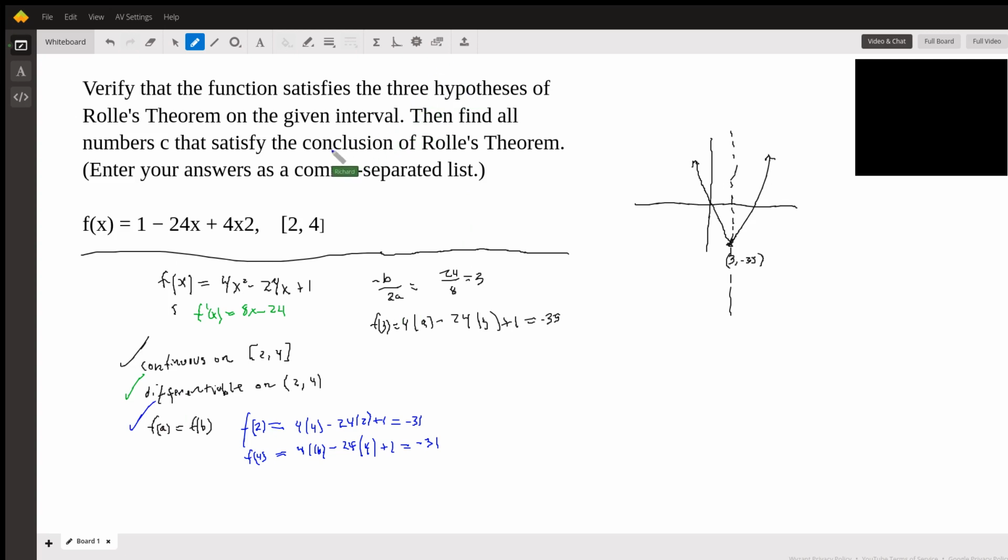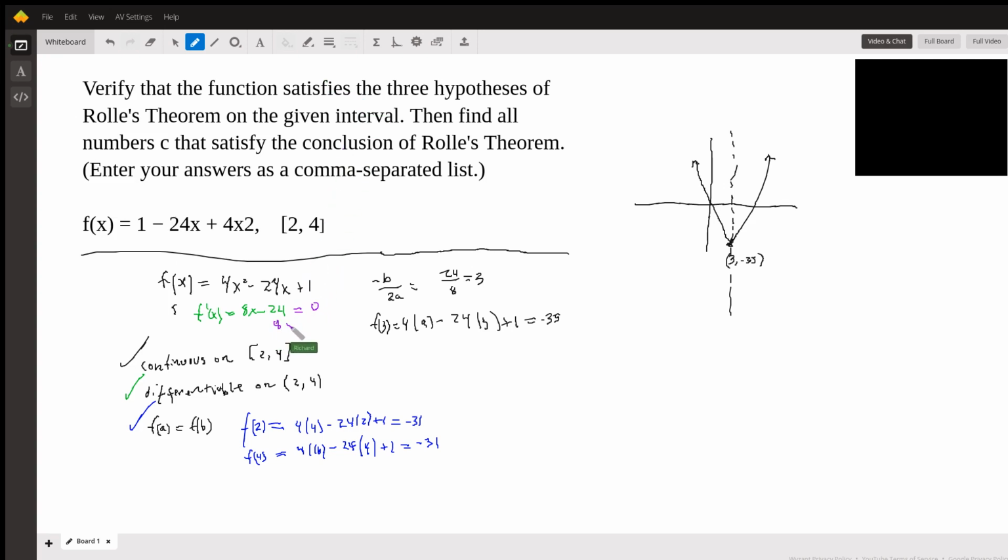And now we need to just find the relative minimum, which is clearly the vertex. If we want to use calculus to do it, we would just set f prime of x to 0.